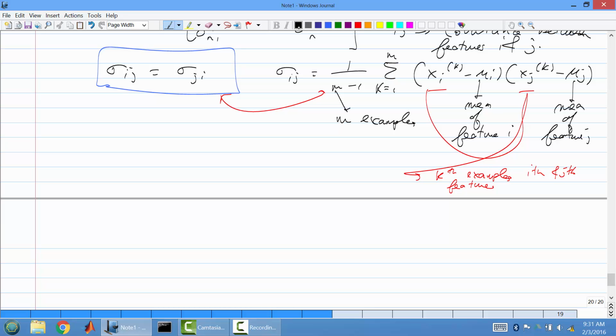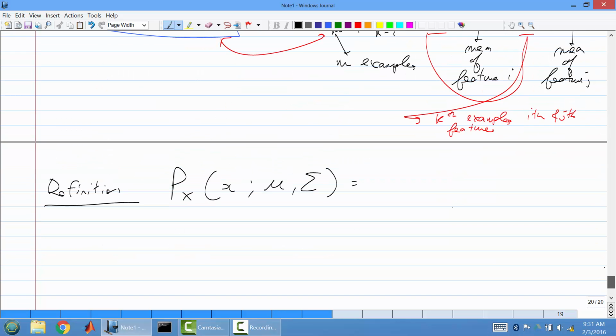Finally, this is what the definition of the multivariate Gaussian will be. So here's the definition. The probability of the random variable x, parameterized by mu and sigma, is equal to, that's going to be a little bit of a mess, 1 over 2 pi to the n over 2, and then exp stands for the exponential, e to the power.